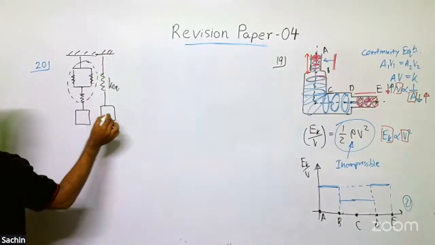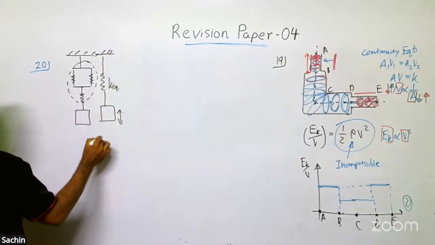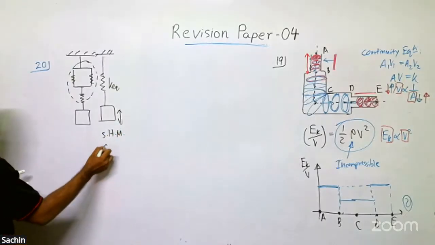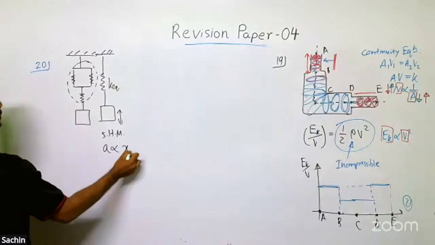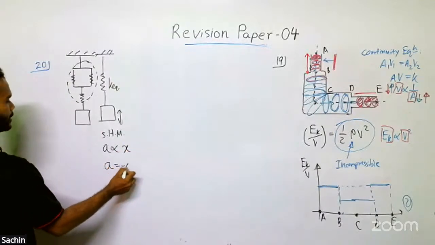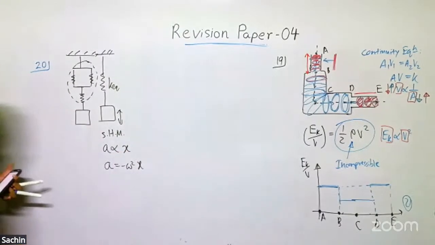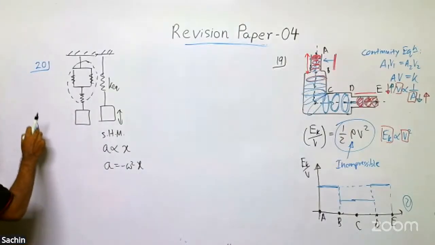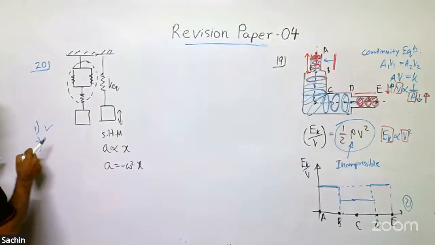So we already know this will move in a simple harmonic motion. In a simple harmonic motion, obviously the acceleration is proportional to the displacement. That is the characteristic equation for a simple harmonic motion. That's correct. First one is correct.